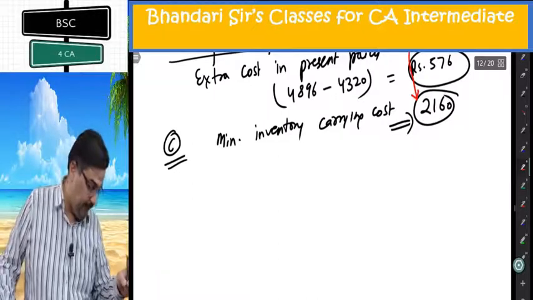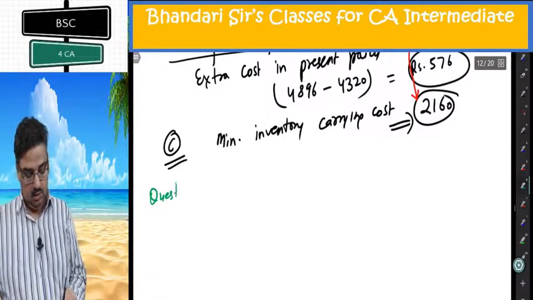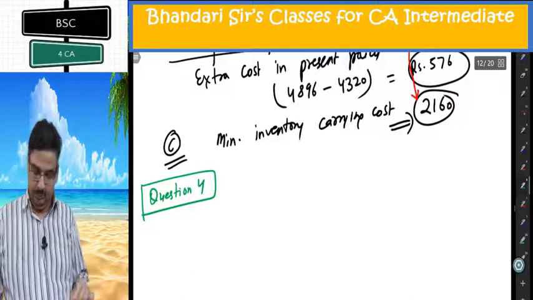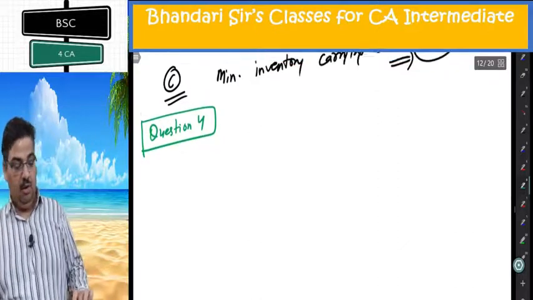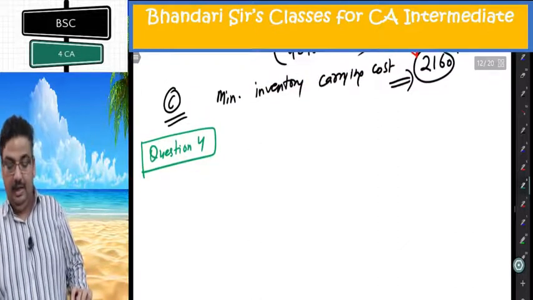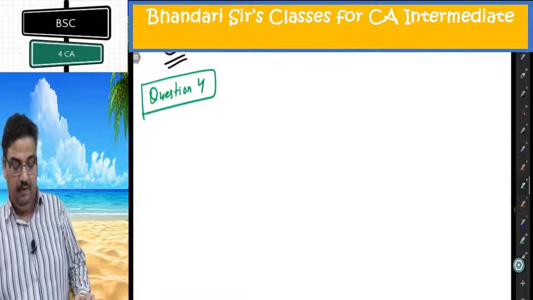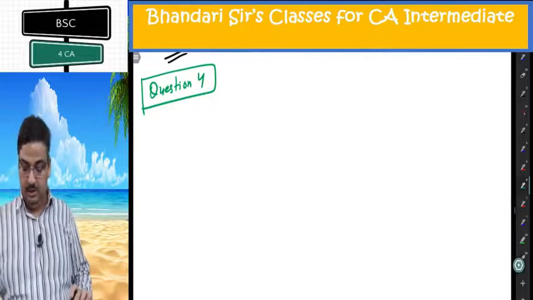Last question for the day. Question number 4. A customer has been ordering 90,000 special design metal columns at the rate of 18,000 columns per order during past years.